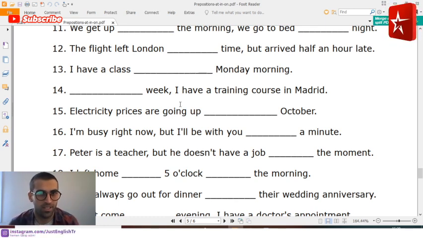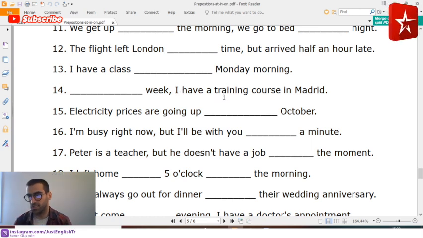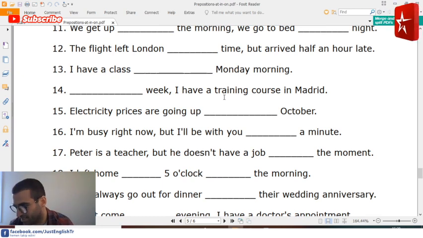Pay attention to the sentence. I have a training course in Madrid. Yes, the correct answer is next week.